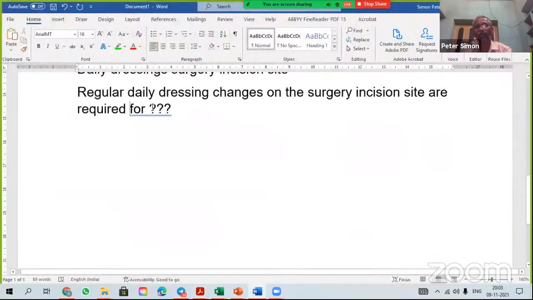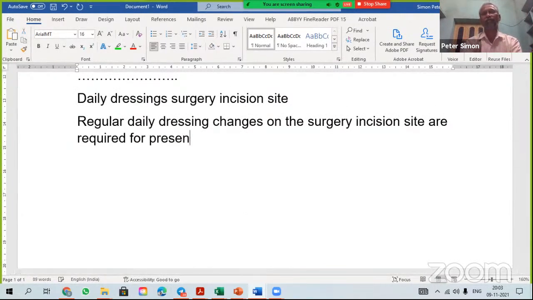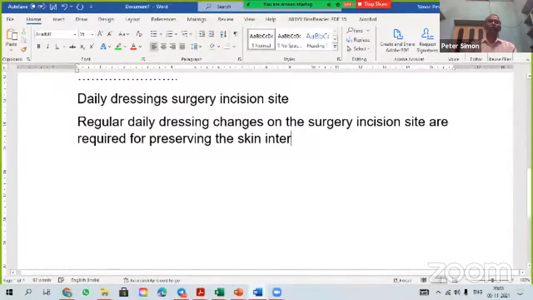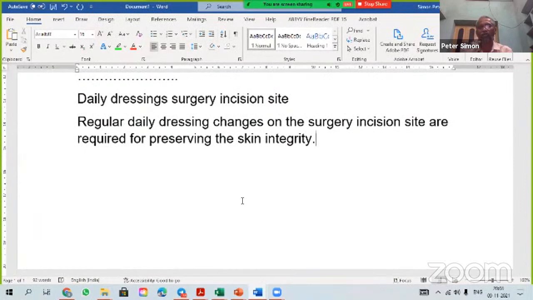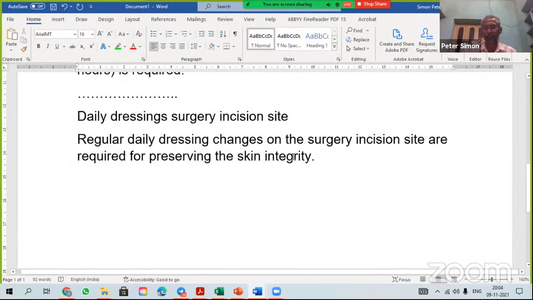You have to relate the information, this information and that information. So, for preserving the skin integrity, to make it strong, full stop. Regular daily dressing changes on the surgery incision site are required for preserving the skin integrity.